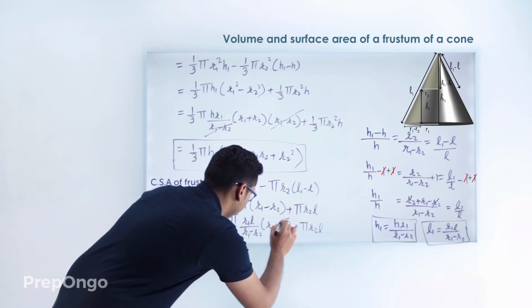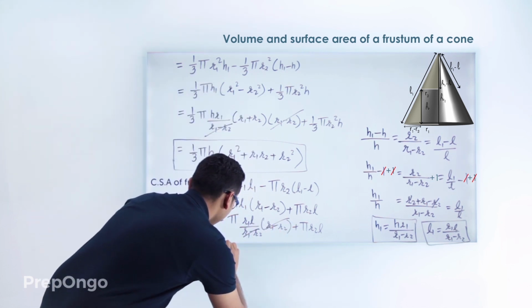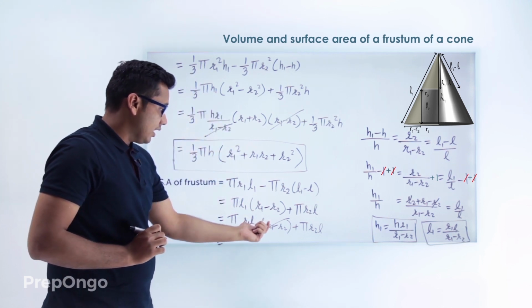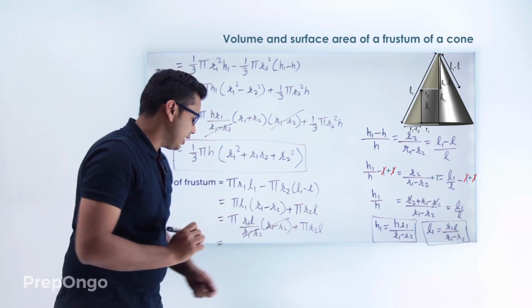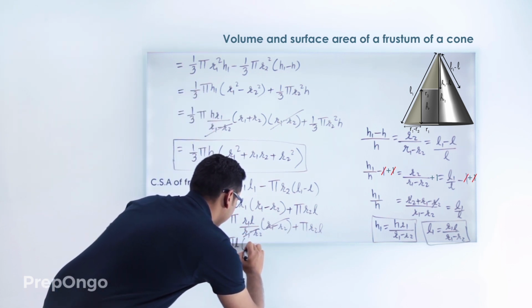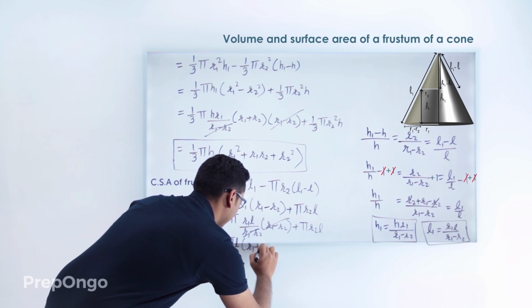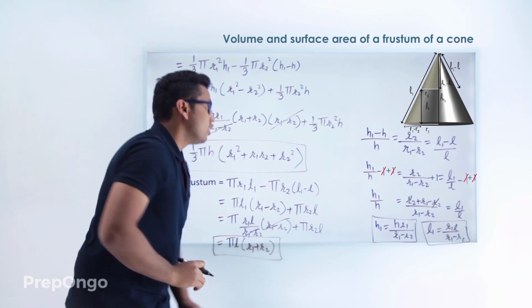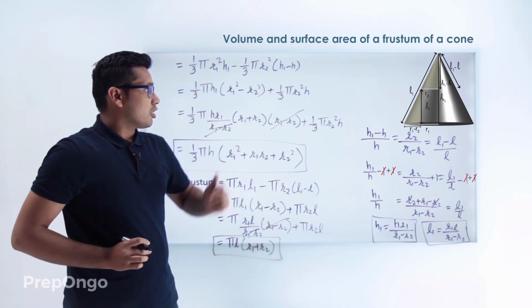So let's cancel them. And we will get pi L, which can be taken common from these two terms. So pi L, and in bracket we'll get R1 plus R2. So this is the curved surface area of this frustum of the cone.